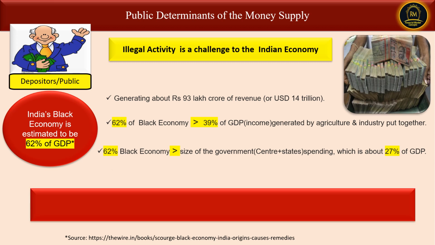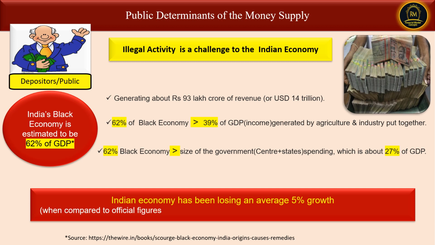Because of this huge black economy, comprising 62% of the GDP, the Indian economy has been losing on average 5% growth since the mid 1970s, when the black economy became significant.